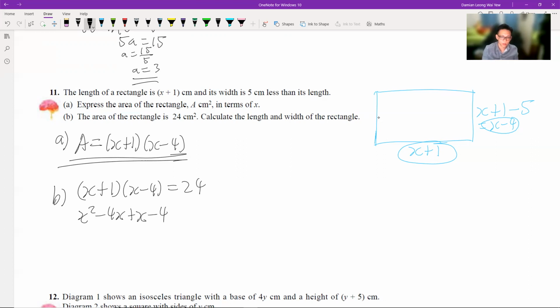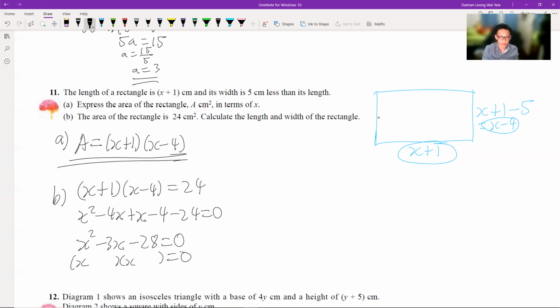Bring over 24, positive, opposite is minus, equals 0. So x squared minus 3x, okay, minus 4 minus 24, minus 28 equals 0. Factorize.